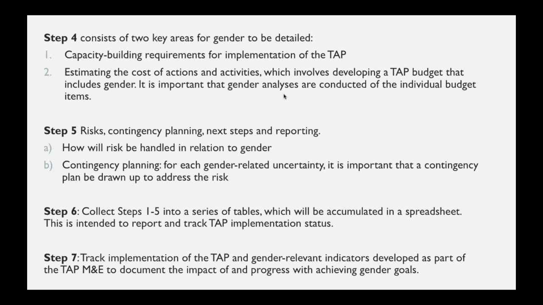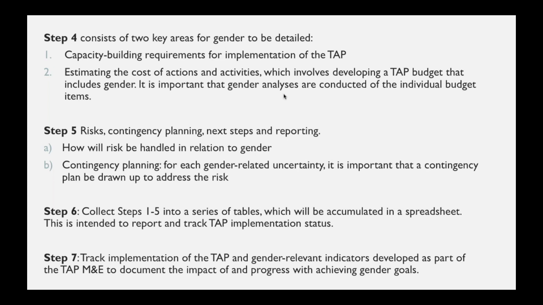The main gender issues in respect of these more managerial activities are, how will risks be addressed in relation to gender? For example, what do you do if the costs of gender mainstreaming are higher than expected? We all are aware of projects that we might have worked on ourselves, and suddenly a risk emerges that you might not have thought about, and hopefully that won't be a gender-related risk after this presentation.